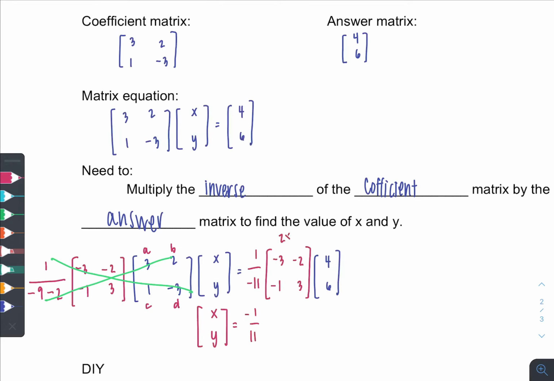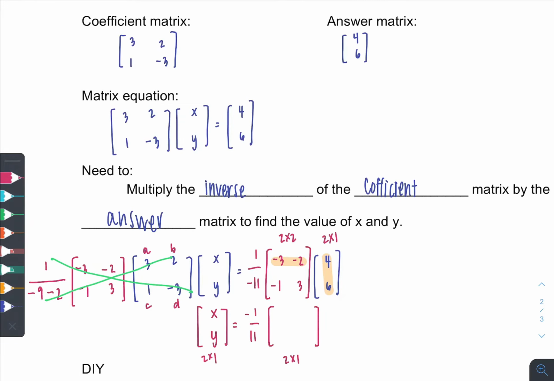So this is a 2 by 2, and this is a 2 by 1, so I should end up with a 2 by 1, which is exactly what we need in the end, because this is a 2 by 1. So we are going to do the first row times the first column.